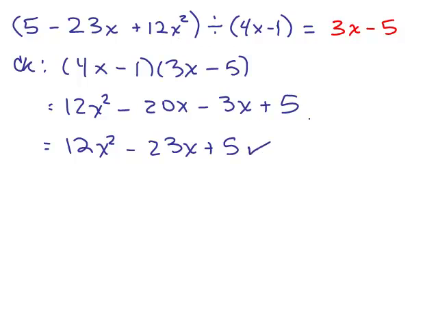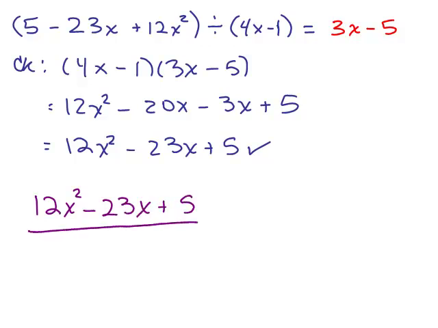So that's interesting. What does that mean if you do the division and you don't get a remainder? It means that if you knew how to factor it, you would have gotten the same answer. So the original problem here, if I wrote it in descending order, 12x squared minus 23x plus 5, divided by 4x minus 1.